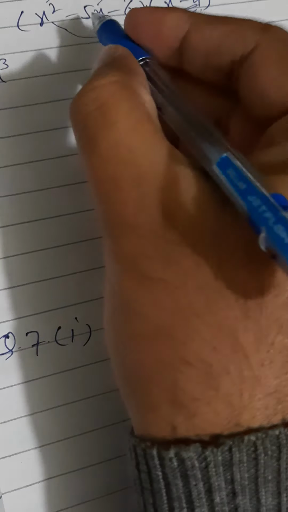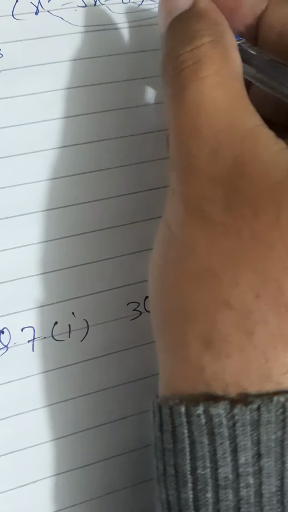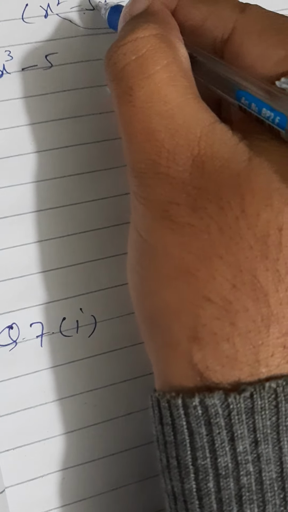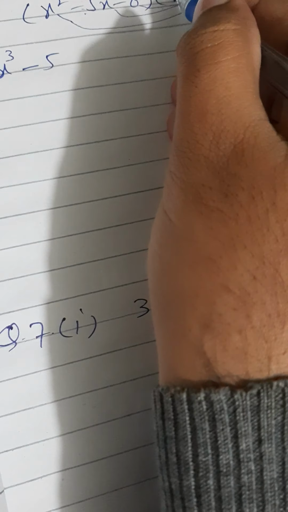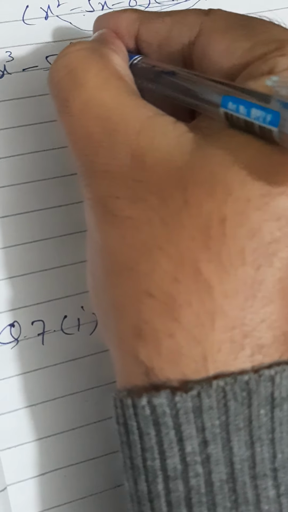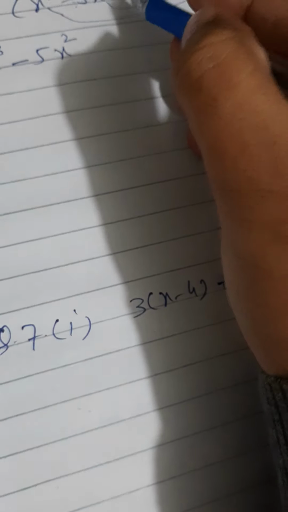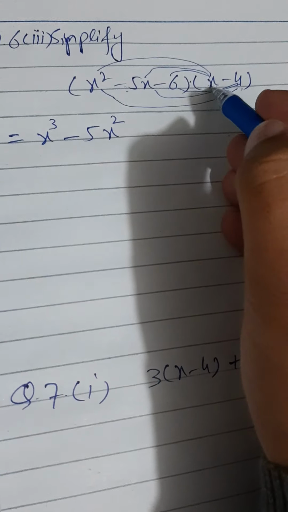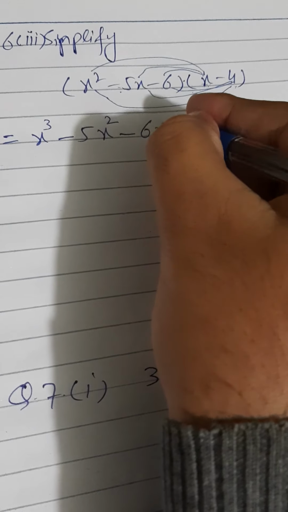Now when we multiply x square with x, we get x raised to power 3. Then minus 5x with x: there is positive x, so positive times negative is negative 5, and its coefficient is 1, 5 ones are 5, x multiplied with x is x square. Then we multiply minus 6 with x, we get minus 6x.